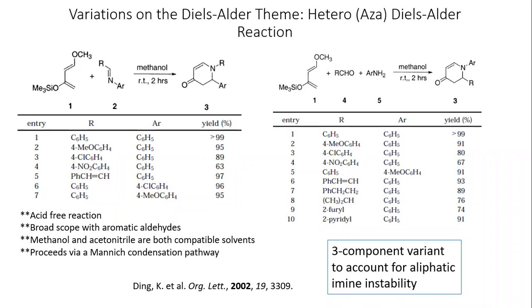And again, this is your hetero-Diels-Alder product. You can see the N group right here is incorporated in that six-member ring.